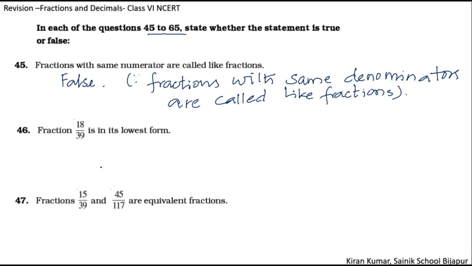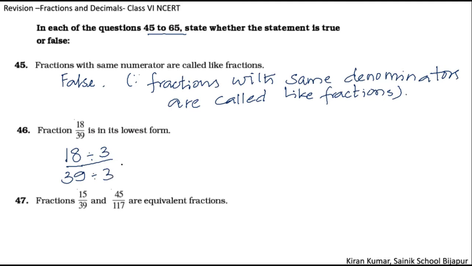Forty-sixth, fraction 18 by 39 is in its lowest form. If you observe these numbers, 18 by 39, if I divide both the numbers by a particular number, it can be further simplified.